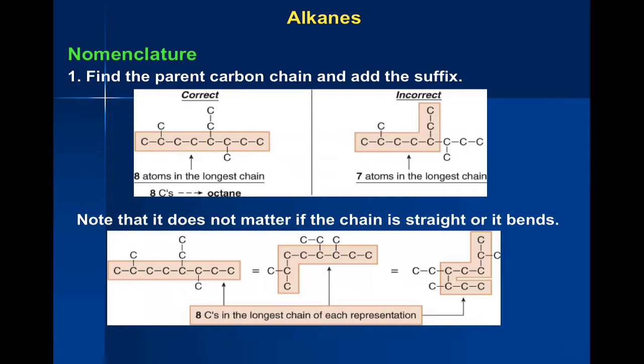So here you can have it bent all sorts of ways. It's still the longest continuous chain. So on an exam or a homework, identify the longest chain and circle it, and recognize that it doesn't have to be from left to right, or right to left, or up to down. It's very important.